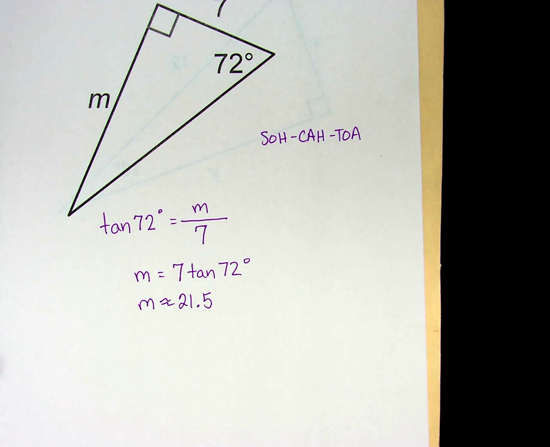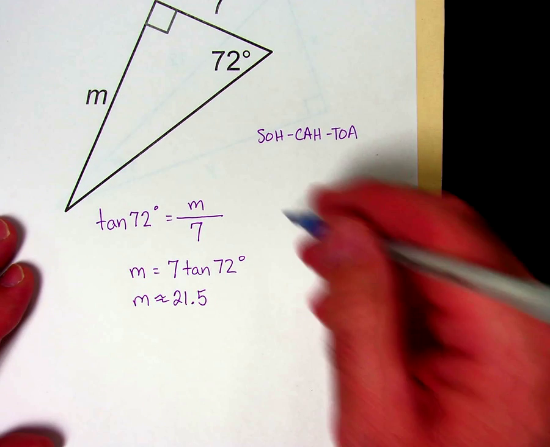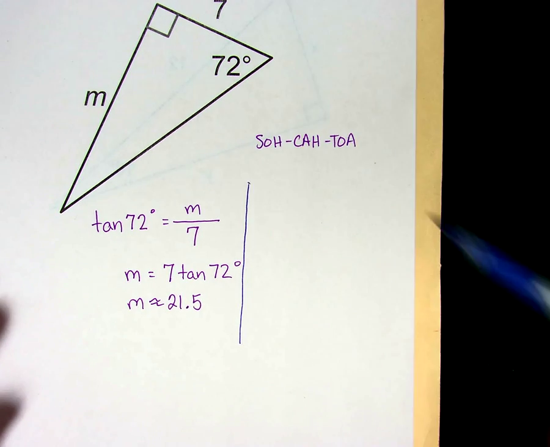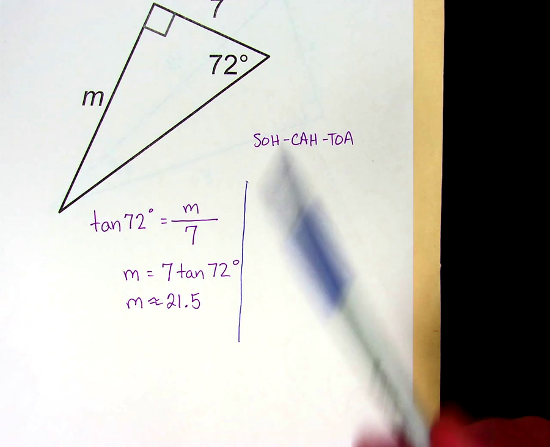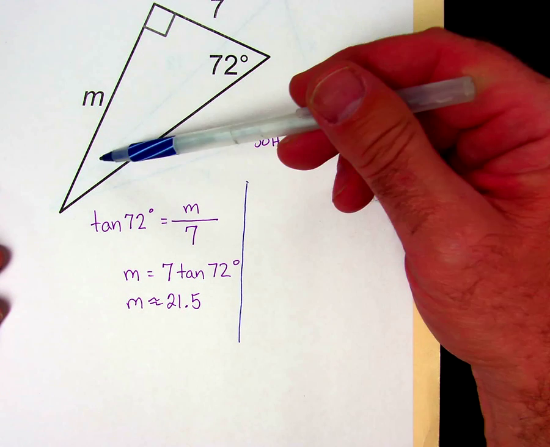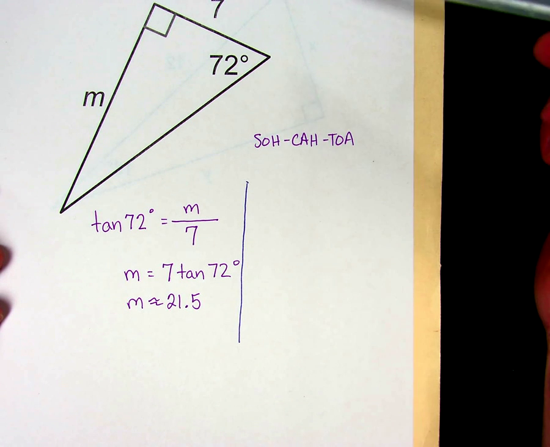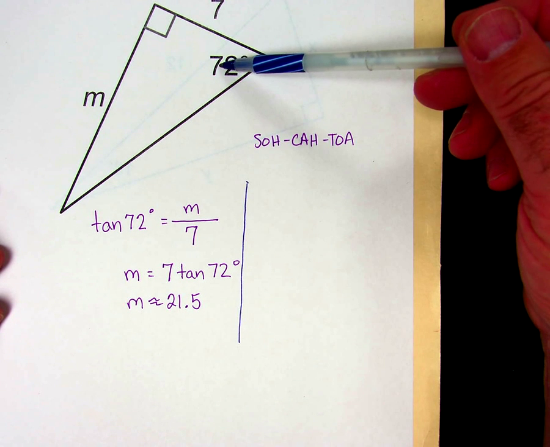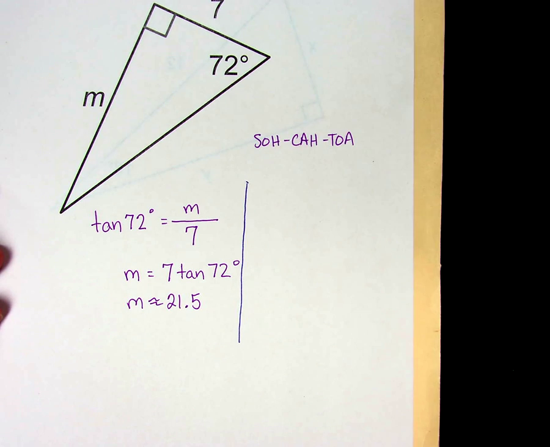Now, some of you might be wondering, well, suppose we would have found this other acute angle and then worked with it. And that works. Remember, the two acute angles have to have a sum of 90 degrees. 90 minus 72 is 18.